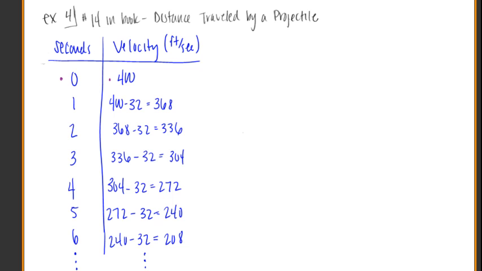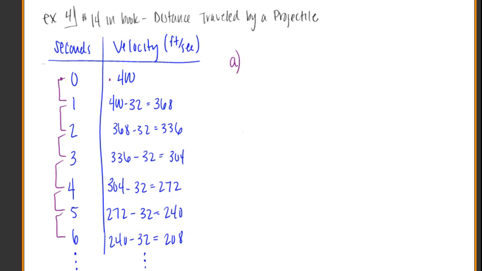Okay, and so now for part A of the problem, it wants an upper estimate to see the velocity after 5 seconds. Well, we can think of it between 0 and 1 being 1 second, 2, 3, 4, 5, 6, and so on.